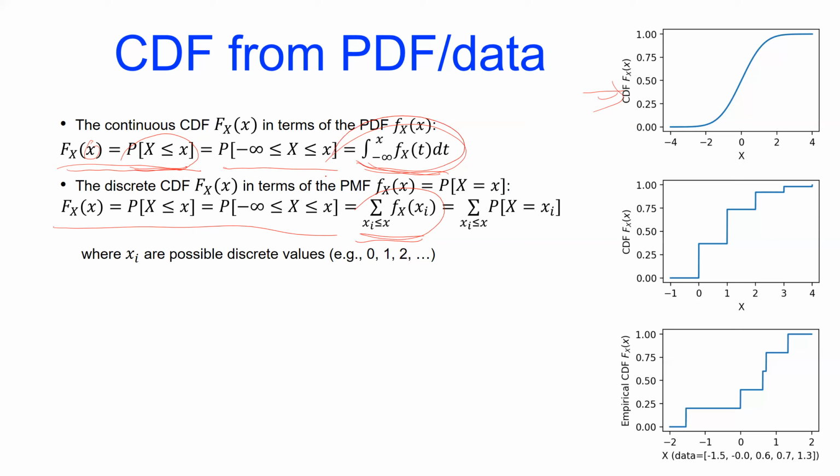Basically you are adding all cases to your left. For example, if I pick x to be 2, I will add the 1 case and the 0 case. I will add the individual probabilities in order to compute the cumulative distribution function. All right.